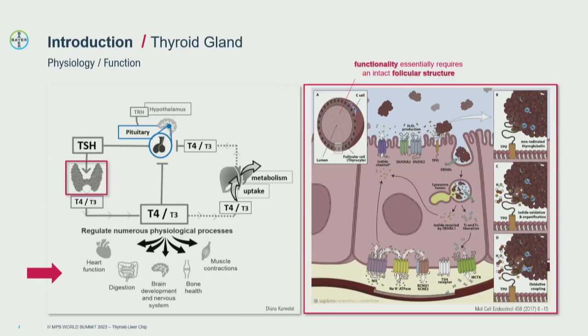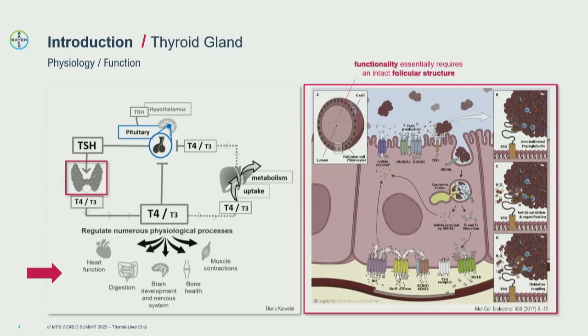The blood level is being reduced by the liver, which clears the hormones by conjugation reactions, and you will see this in a second. So once the blood level of hormones is lower, then the hypothalamus recognizes that, and via the pituitary releases thyroid-stimulating hormone.